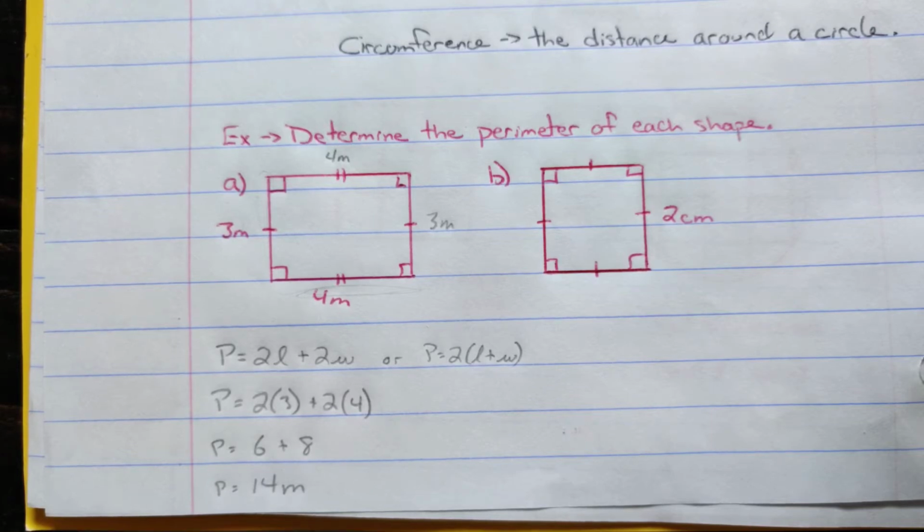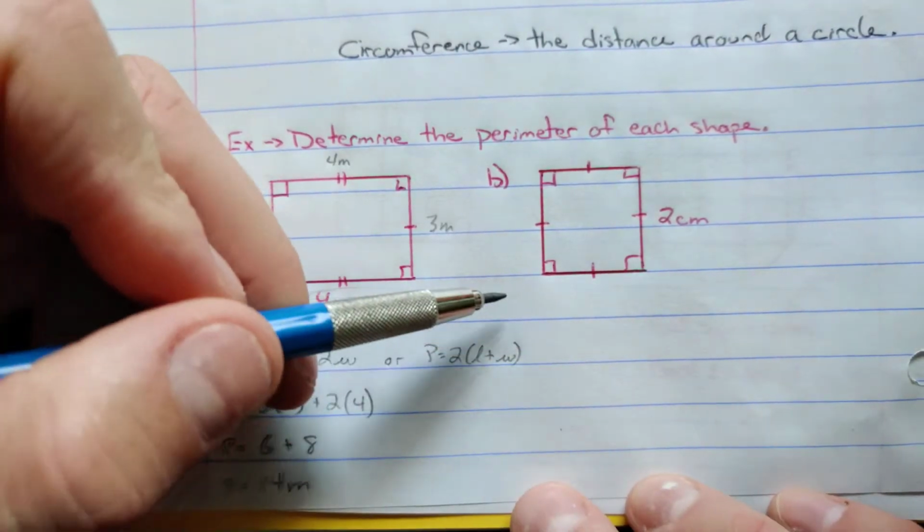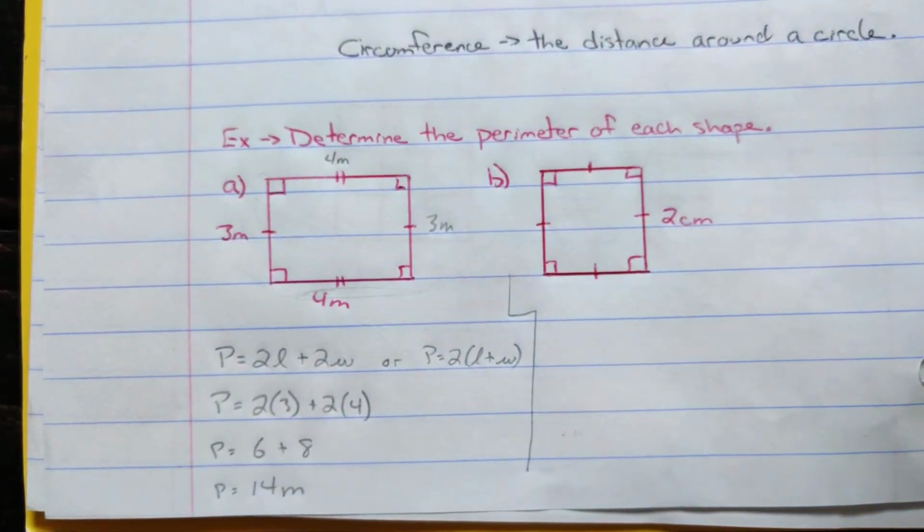In the next case, what we have is another rectangle, except it's a special type of rectangle known as a square. In the case of a square, all the sides are the same length, but it's still a rectangle because it fits the definition of a rectangle.